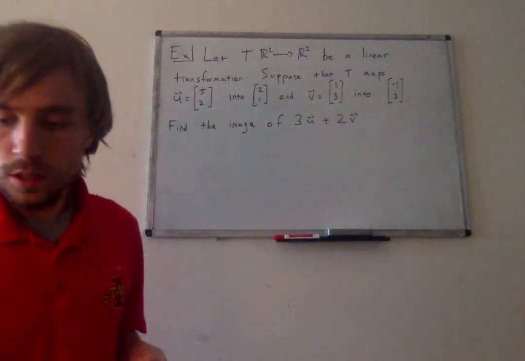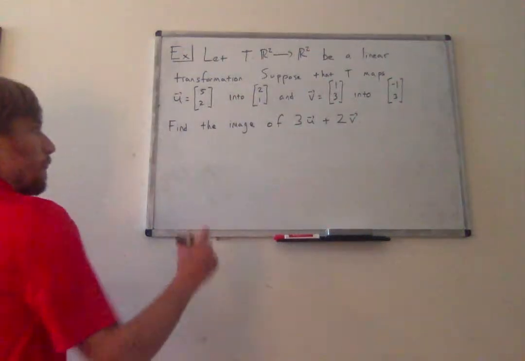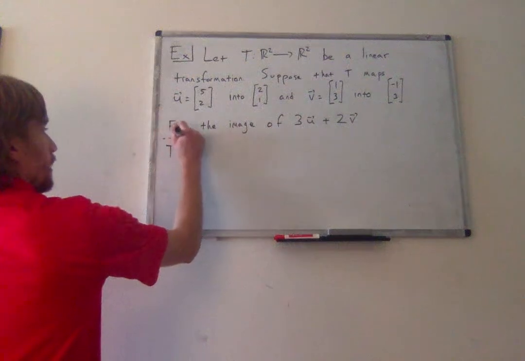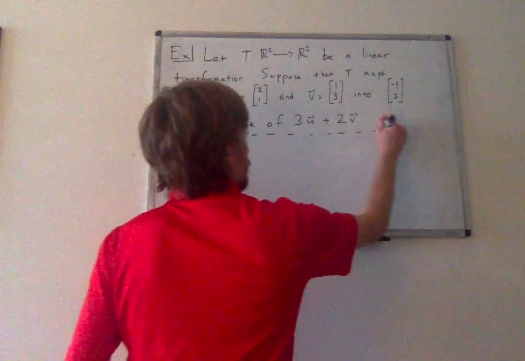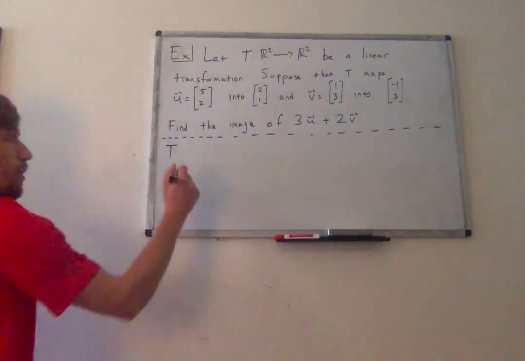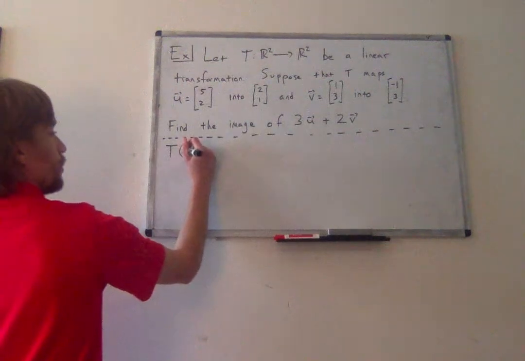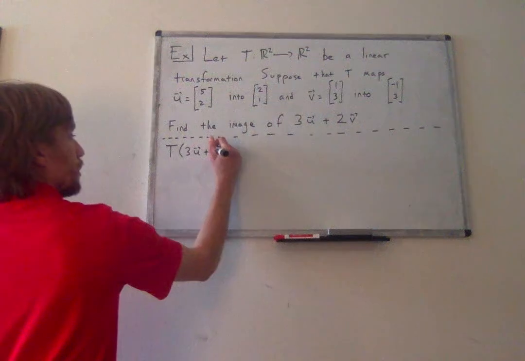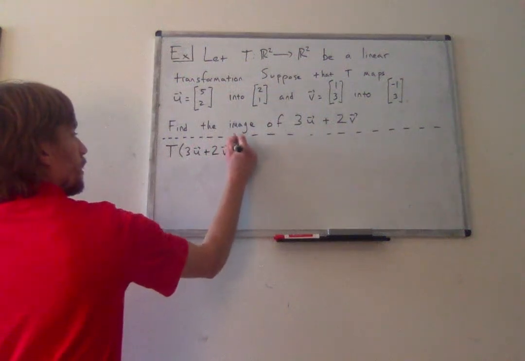All right, so to do this, we're actually going to have to use the principles of linear transformations that I just introduced. Notice here I've got T of 3u + 2v.